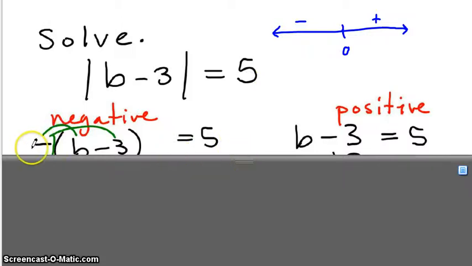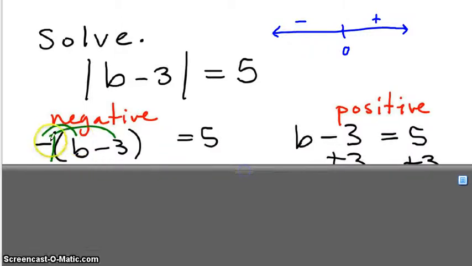So if I have a negative in front, that means I really have what's understood to be a -1 in front of this set of parentheses, which means I have the distributive property happening. I distribute a -1 inside the parentheses, so I'm doing -1 times b and -1 times -3.